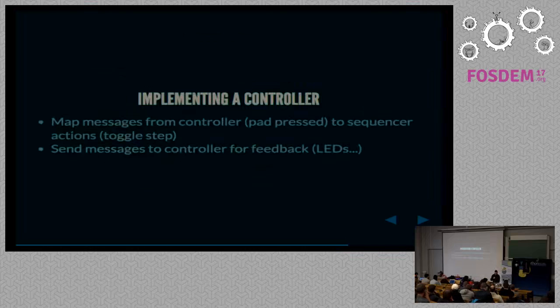So how do I implement a controller? I have to do two things. I have to map messages from the controller, which are like when this pad is pressed, to sequencer actions, like I want to toggle a step on that action. And I have also to send messages to the controller for live feedback.